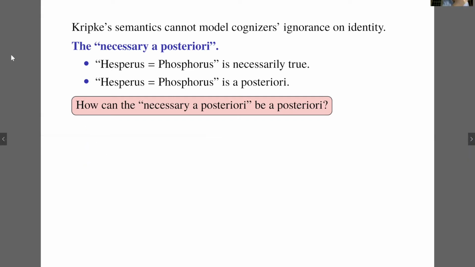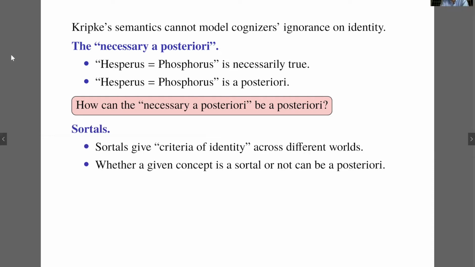And it's not just about Kripke's semantics. There are other approaches to the semantics of quantified modal logic. For instance, there's counterpart theory, and people use the idea of sortals as something that gives a criterion of identity across different worlds.